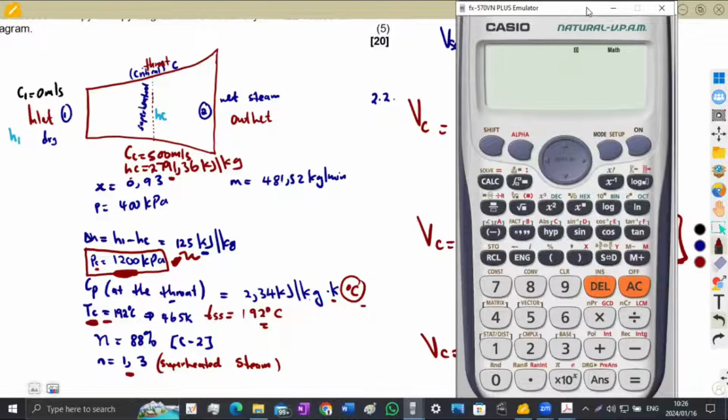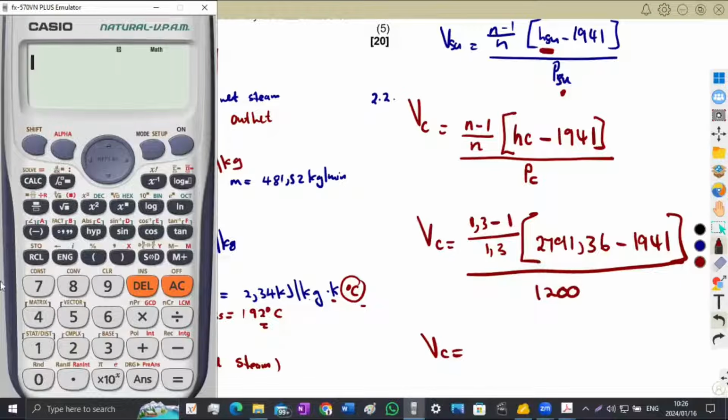Let us have our fraction. Here we've got another fraction. That's 1,3 minus 1, everything over 1,3, like this. Then we have the bracket into 2791,36 minus 1941. Then we divide by 1,200. So this is what you're supposed to have in actual sense.